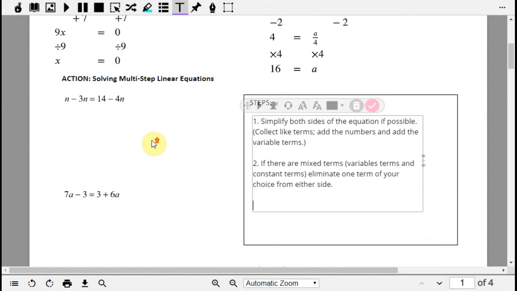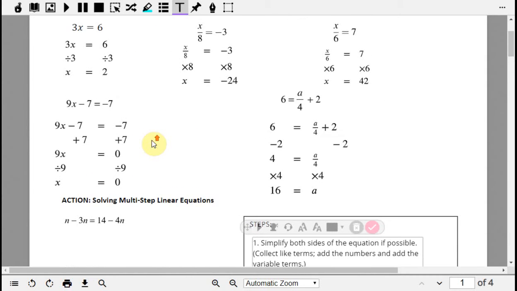So I'm just going to scroll up here to these questions for a moment. In this example here, we had a number on this side. So it was clear that if we want to get variables on one side and numbers on the other, then we need to get this variable by itself. So we're going to get rid of this number, which is what we did down here.